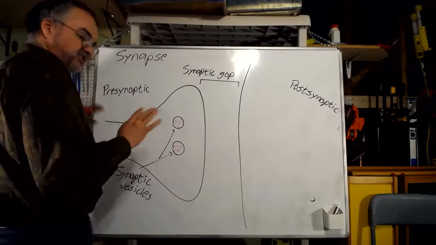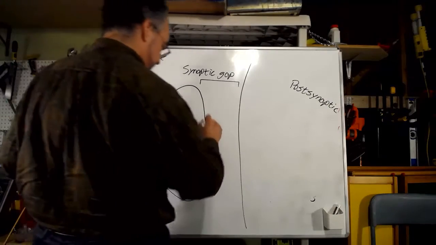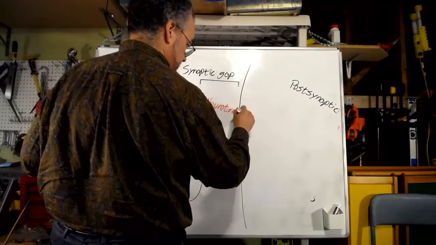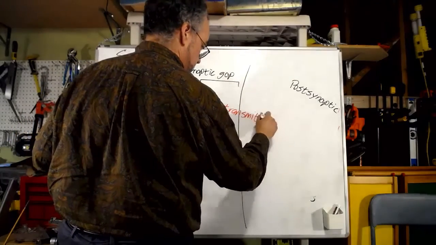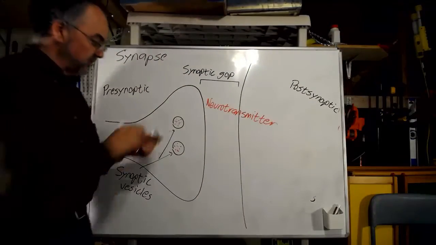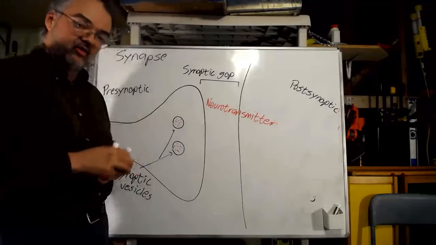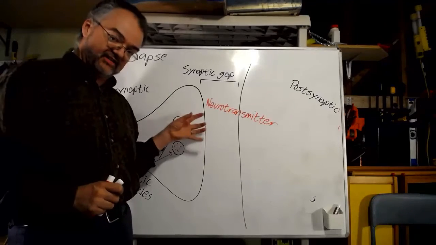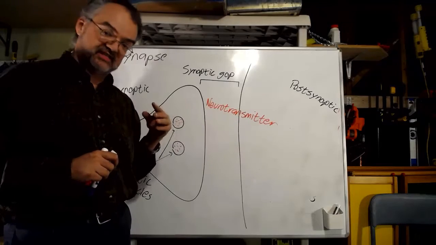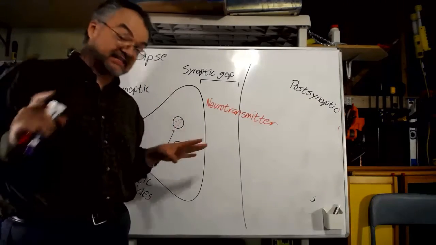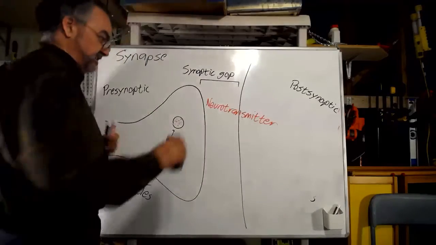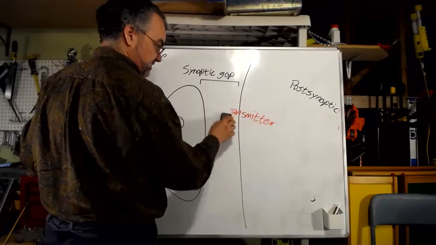The generic name for that chemical is neurotransmitter. So a neurotransmitter is any chemical used by an axon terminal, a presynaptic cell, to send a signal to a postsynaptic cell. There are lots of different neurotransmitters, and we're going to talk about a few of them in a little bit. I'm going to erase that word so it doesn't get in the way here.